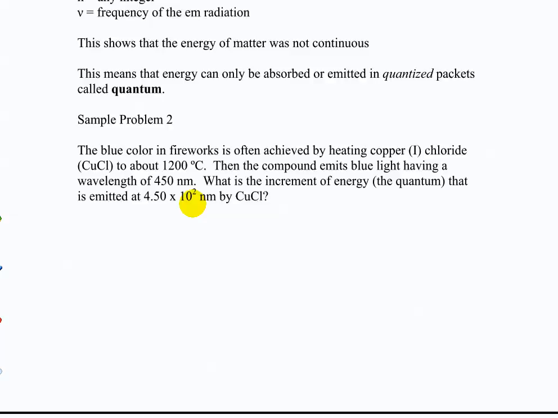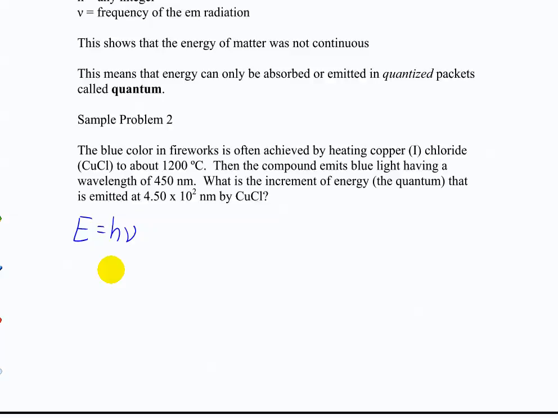What is the increment of energy, the quantum, that is emitted at 4.5 times 10 to the 2 nanometers by copper chloride? So to do this, we can set up this equation. No, you don't have to remember that constant. There's your equation, E equals h nu.